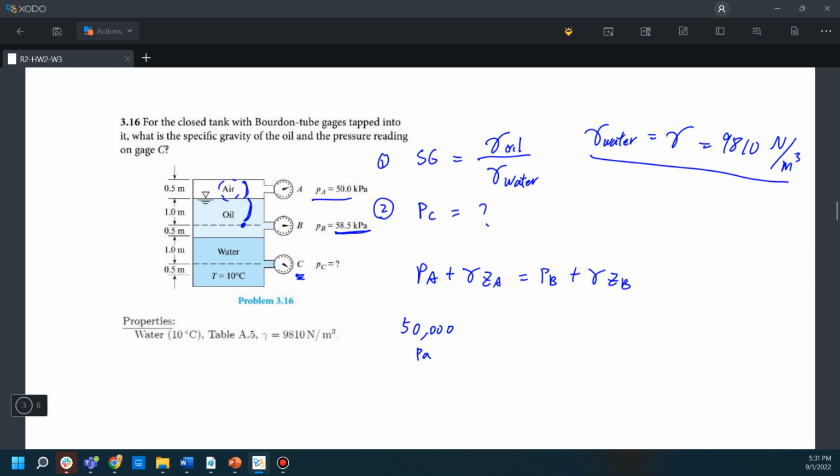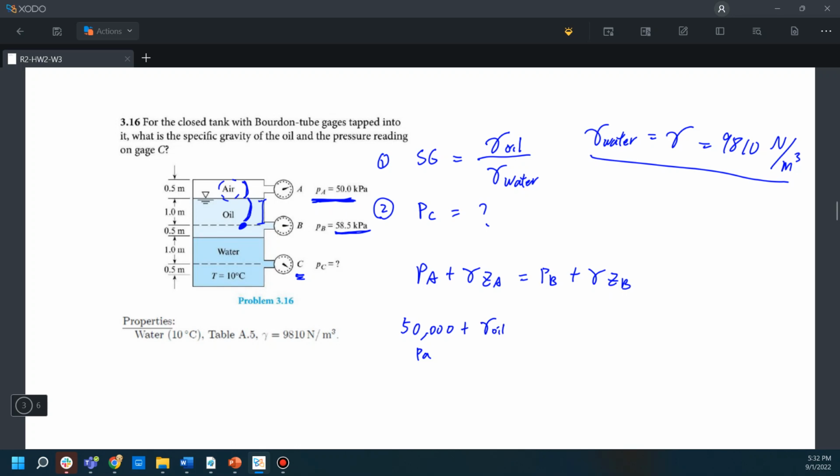Okay, because we already know PA here, plus the gamma ZA, because we want to calculate the pressure at this point, so you need to calculate the gamma ZA here. And this specific weight, we will need to use the oil's specific weight.